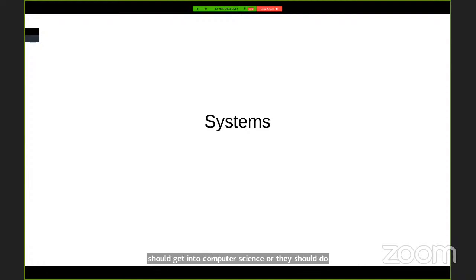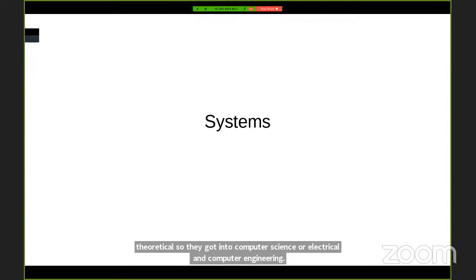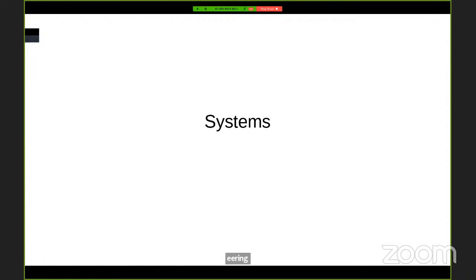If they're theoretical, and so the question is, if somebody is theoretical, should they get into computer science or electrical and computer engineering? At first glance, I would suggest computer science, but there's a very nice connection between computer engineering and computer science. And that's what I'll talk about in systems, which is also about software and hardware.